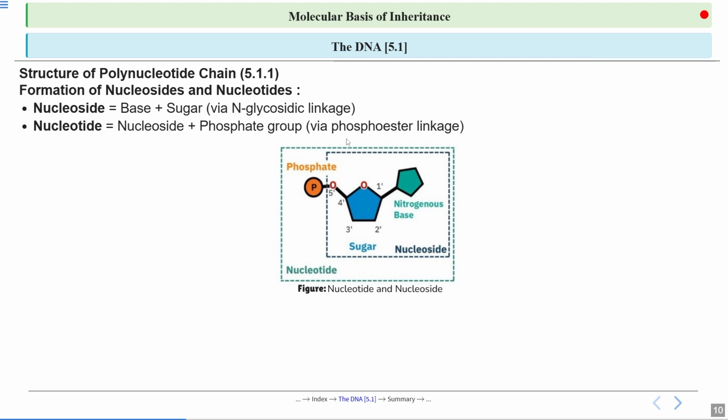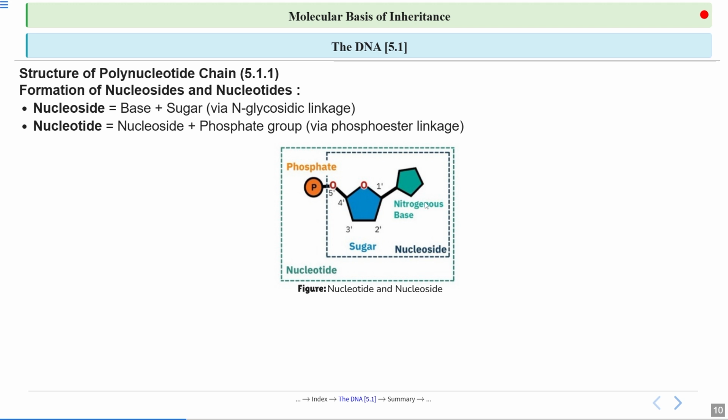Now you can ask, what is this phosphoester linkage? The phosphoester linkage is nothing but the linkage between the phosphate group and the OH, hydroxyl group of the sugar. When they combine together, this is called phosphoester linkage. So now I think you understand what is nucleoside and what is nucleotide.